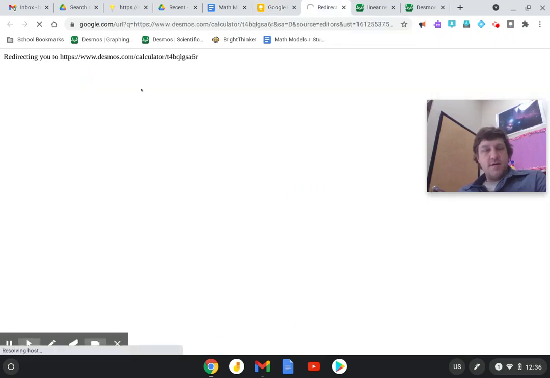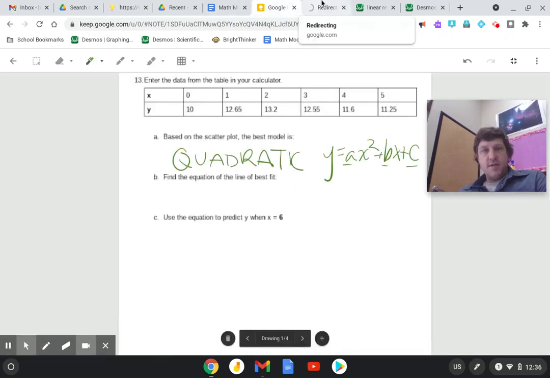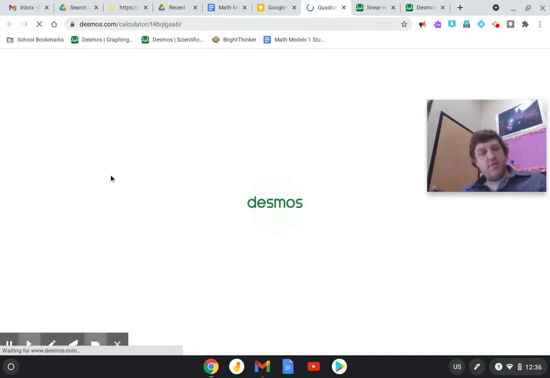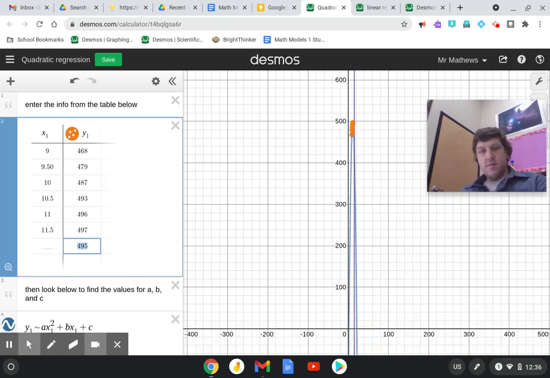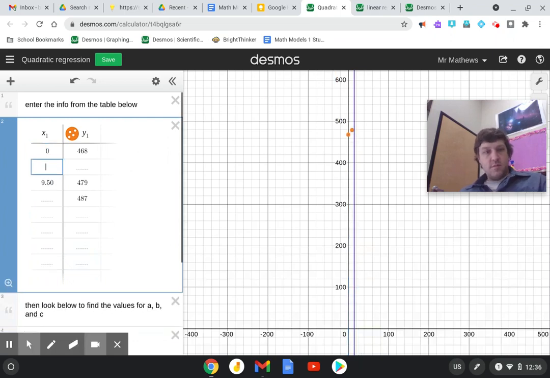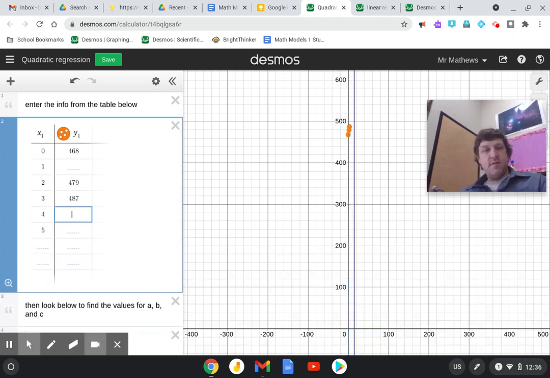We'll enter our data into the table from the table. We're going to go 0, 1, 2, 3, 4, 5. Clear all this information out. 0, 1, 2, 3, 4, 5.